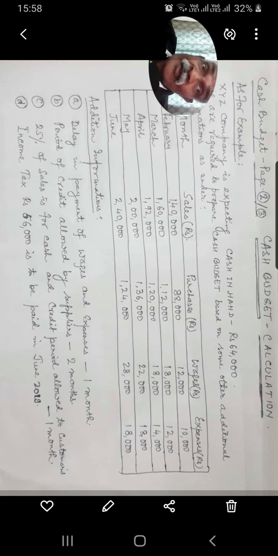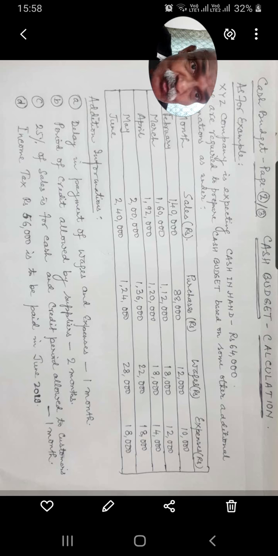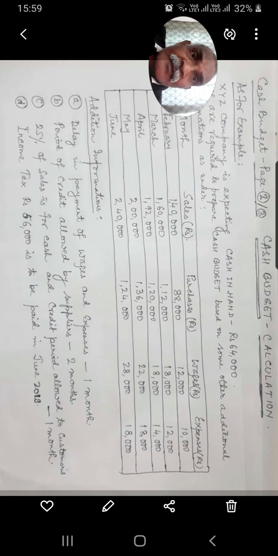Not every month, maybe advance payment, maybe quarterly, maybe semi-annual, maybe annual. Here in this question it is written that income tax is to be paid in the month of June. Means you are not paying in January, February, March, April, May; you are paying in the month of June. This is the question. Based on these questions, we will prepare the cash budget.